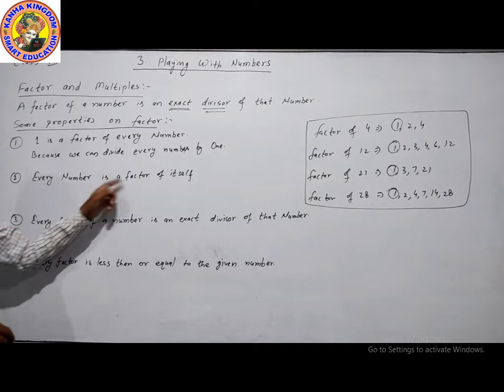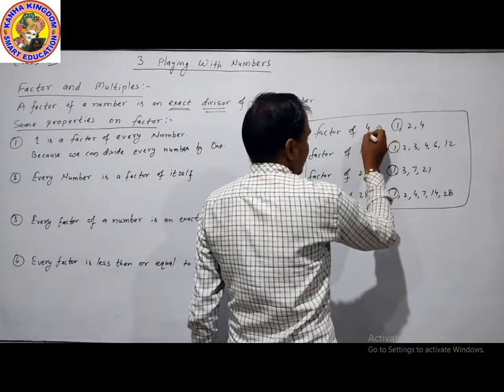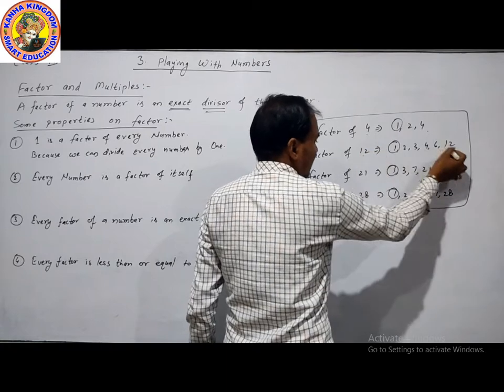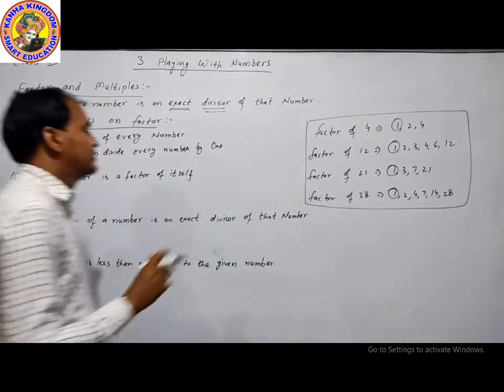Every number is a factor of itself. Factor of 4 is 4, factor of 12 is 12, factor of 21 is 21, factor of 28 is 28.